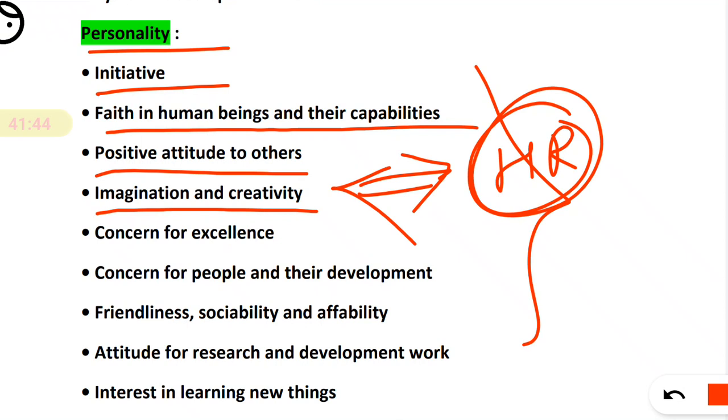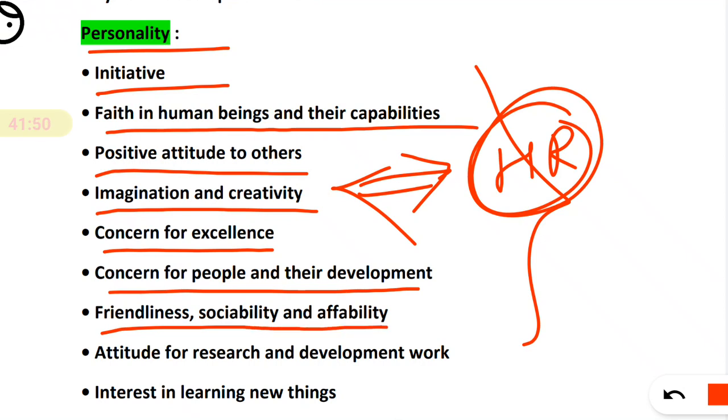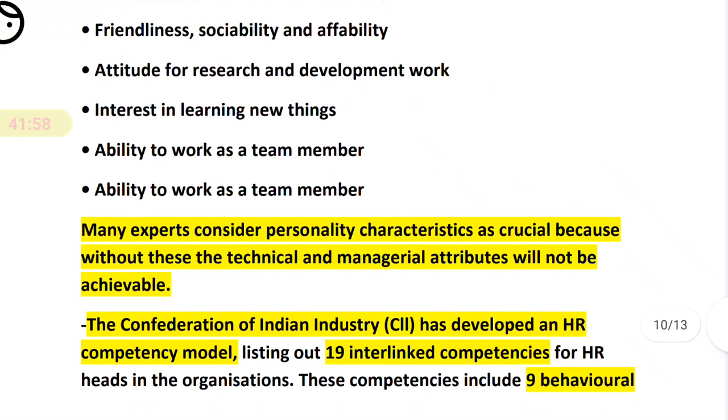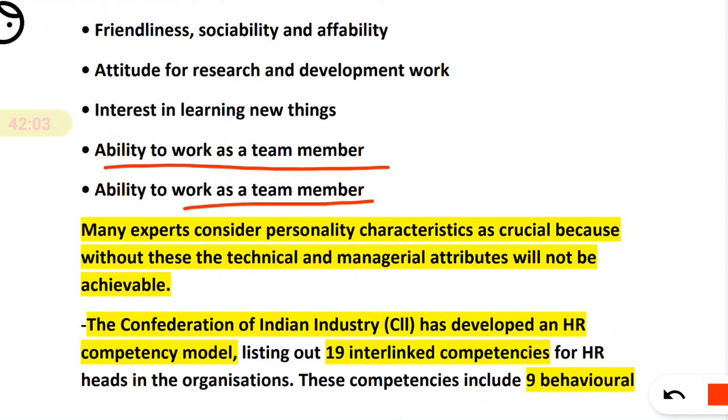Okay. Next is concern for excellence, concern for people and their development, friendliness, sociability and affability, attitude for research and development, interest in learning new things, and ability to work as a team member as well as a team leader. Okay.